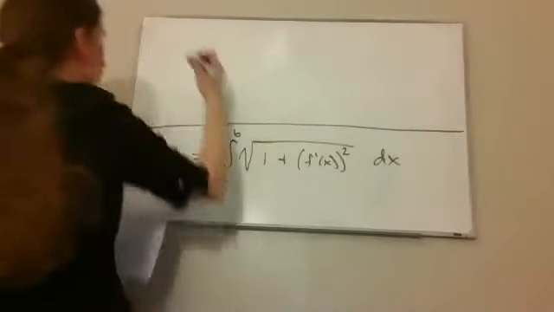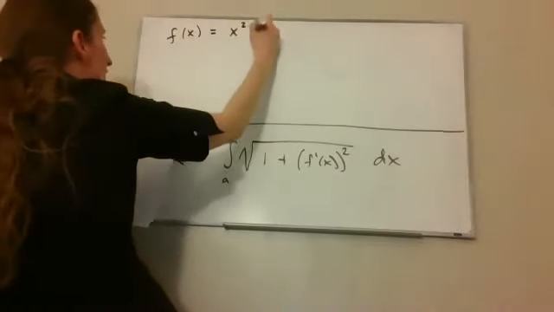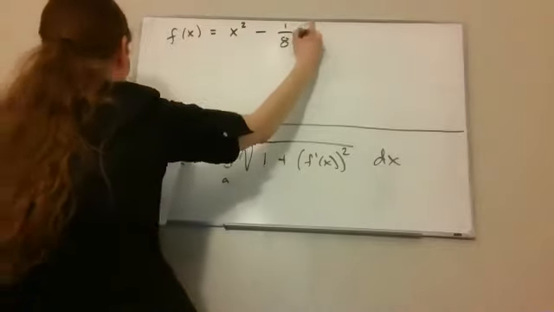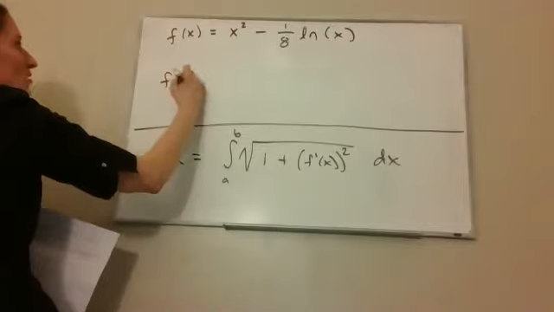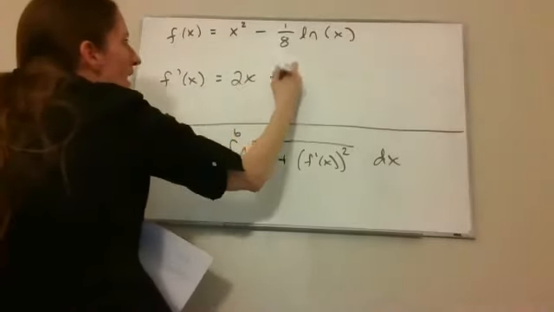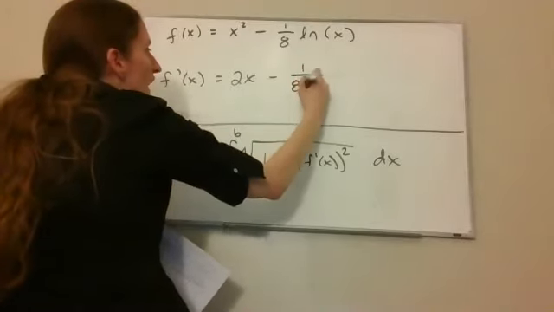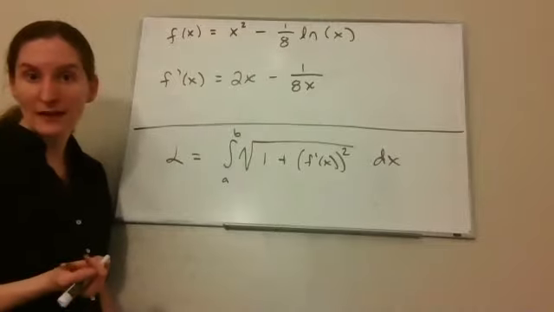So if my function was x squared minus 1/8 natural log of x, well then my derivative is equal to 2x minus 1/(8x). Remember, the derivative of the natural log is 1/x.